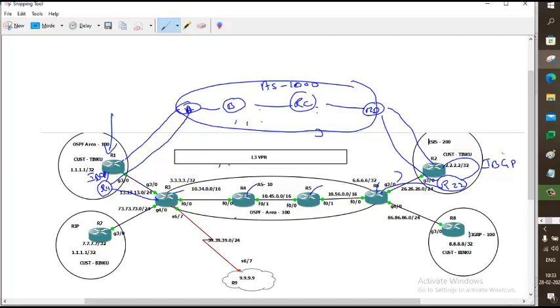We need to do the redistribution, right? No, if it is BGP, we don't have to. In this scenario, you will have only BGP. You should not have OSPF or EIGRP or anything. You will see people having only BGP in this type of scenario.